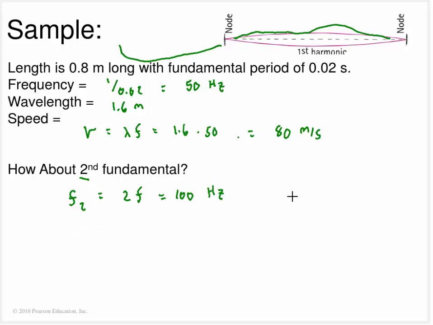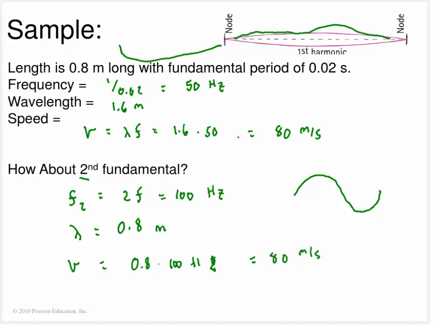For the second harmonic, we have 1 full up and 1 full down, so in that case the wavelength is just going to be equal to that 0.8 meters. Now, the wave speed is the wavelength, 0.8, multiplied by that frequency. And it turns out that the wave speed is also 80 meters per second.